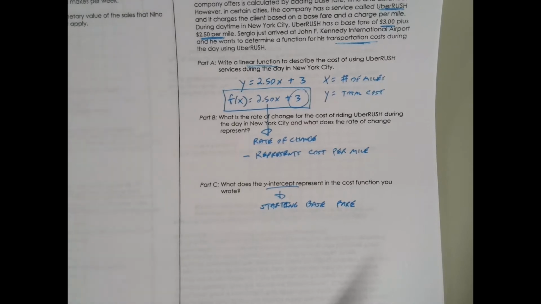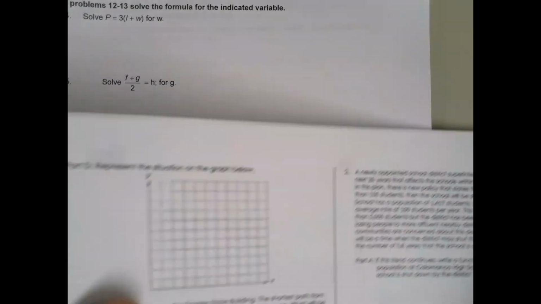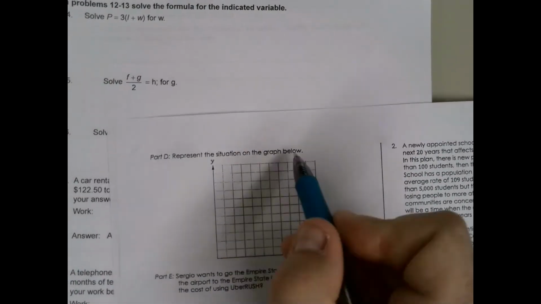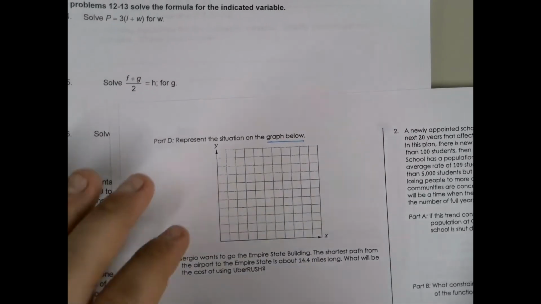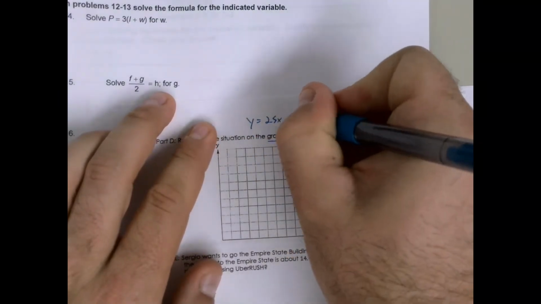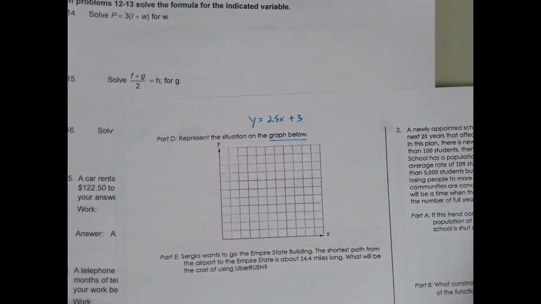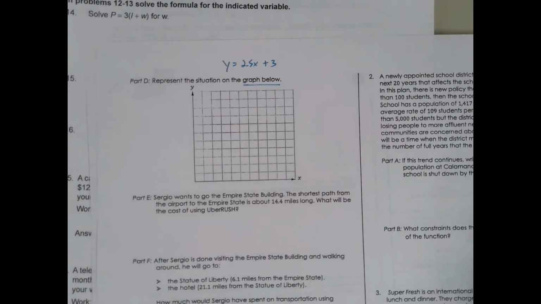Now let's look at how to model the graph. Part B says to represent the situation on a graph. Let's write our equation up at the top: y equals 2.5x plus 3. This is important to model as a graph.